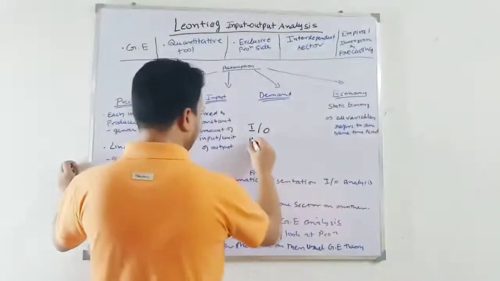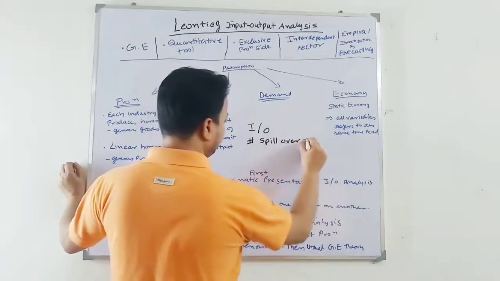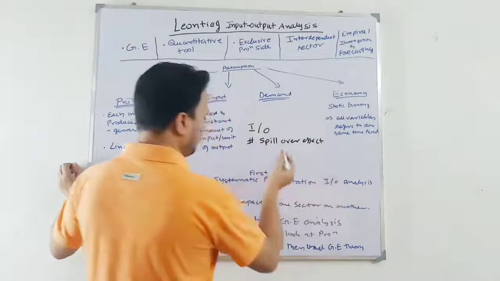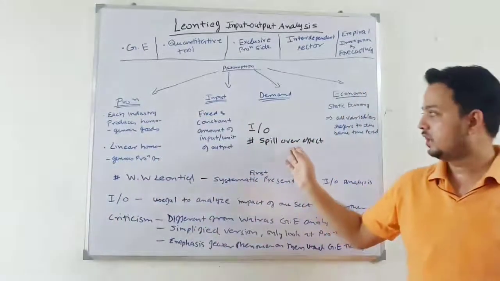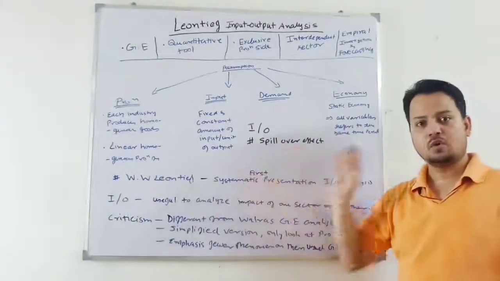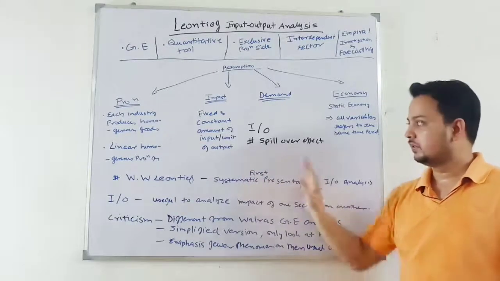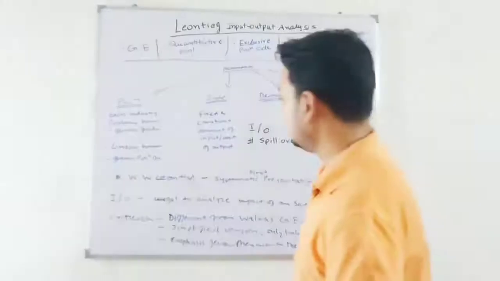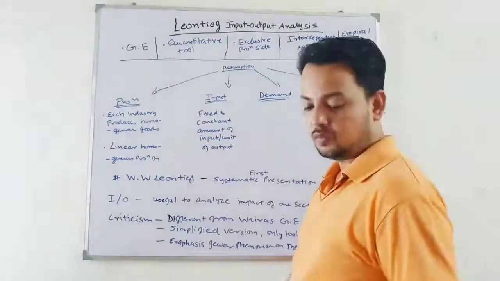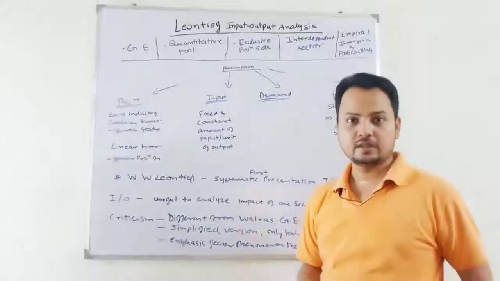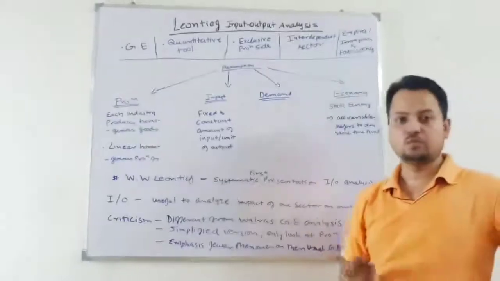I am not going into detail on the spillover effect, and the ripple effect also. It looks at the spillover effect of one industry on other industries. Whatever industries you have that are interconnected, we look at this kind of thing. And how industry should forecast, what kind of decision they should take, we do by using input output analysis.